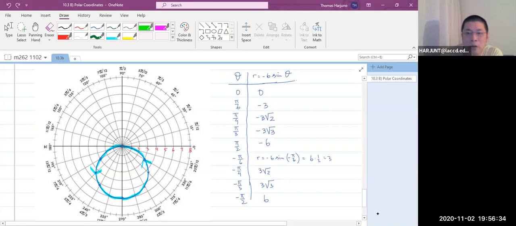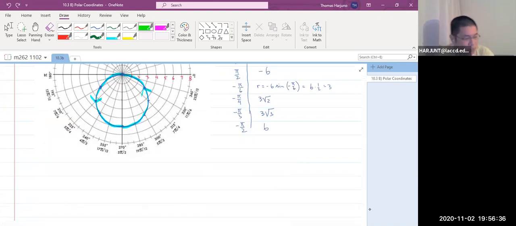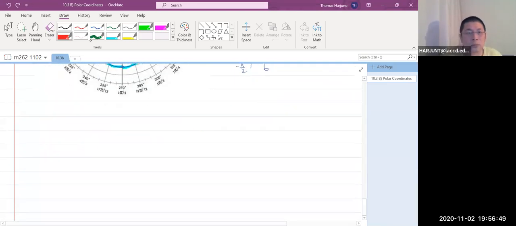Okay, now next, a more important family of curves is the group they call cardioid.